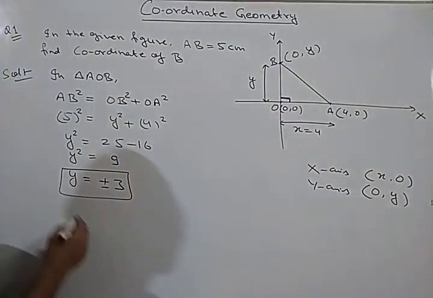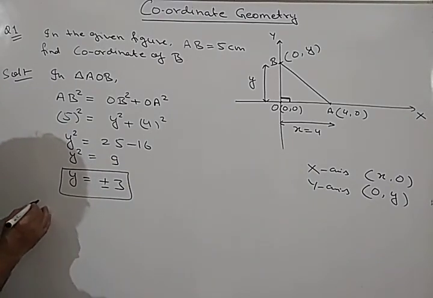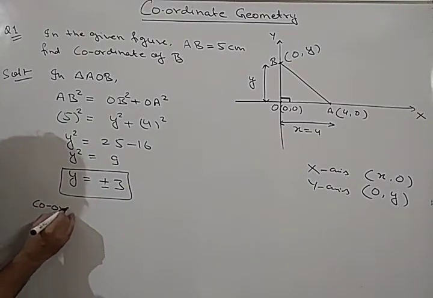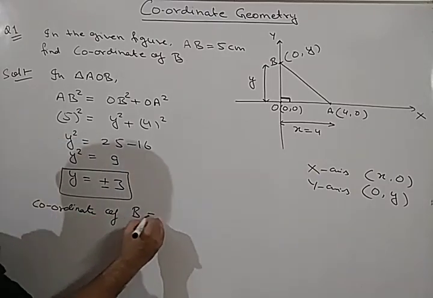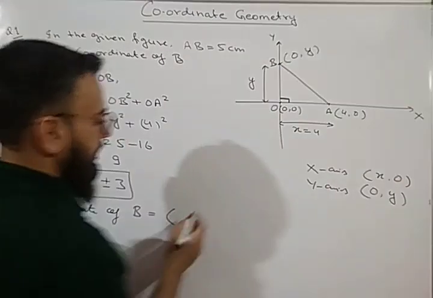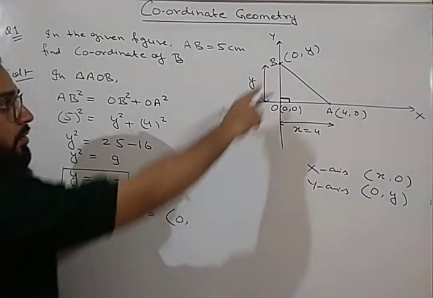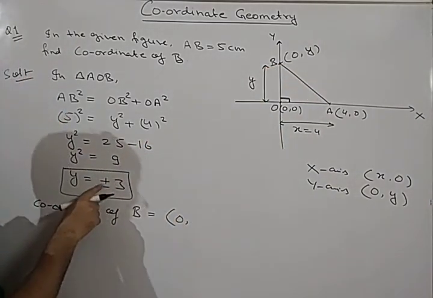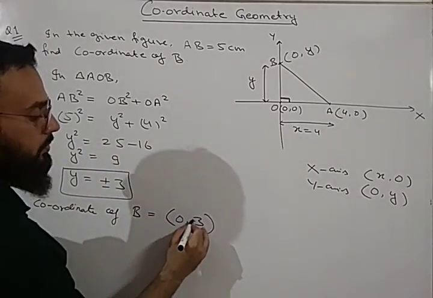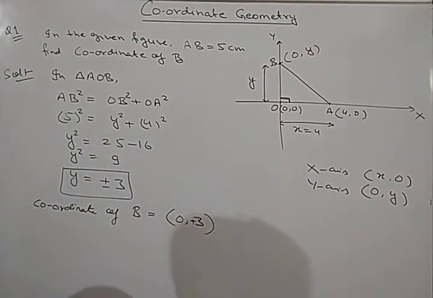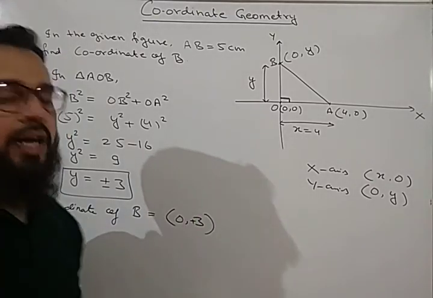So the coordinate of point B will be 0, y, and y is on the positive side, so we will take only the positive value of y, that will be only plus 3. So it will be 0 comma plus 3, we will not take minus 3.